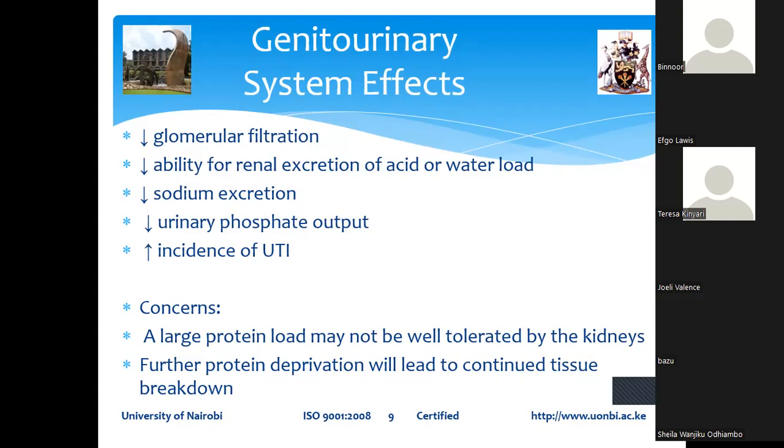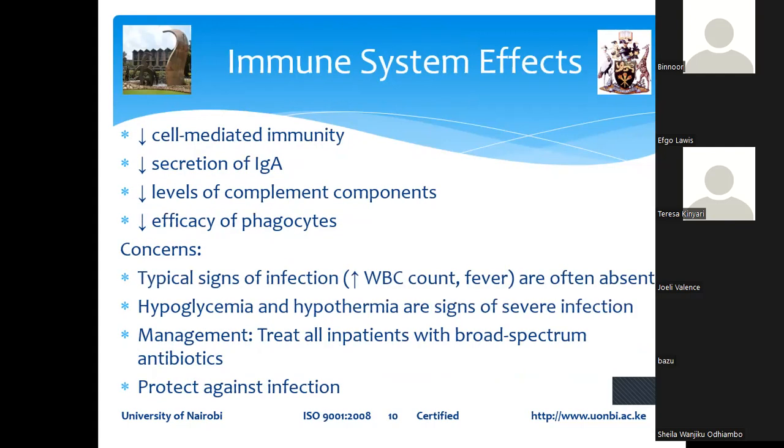So most of the time in malnutrition, even if you take the full blood count, you may not get a clear picture because of the immune dysregulation. Hypoglycemia and hypothermia are usually signs of severe infection. So for patients who have marasmus and kwashiorkor, you want to keep them warm and give them glucose. Basically, we need to treat all our patients with broad spectrum antibiotics to protect them against infection.